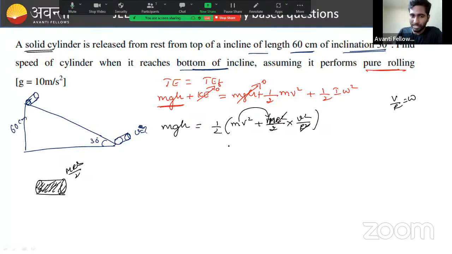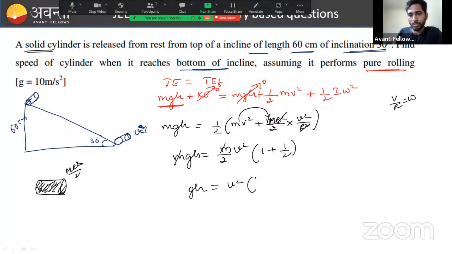Both are outside, so we can take m by 2 common. In both terms v square is also common, and the remaining will be 1 plus 1 by 2. And here in mgh, m gets cancelled. Hence gh is equal to v square into 3 by 2.